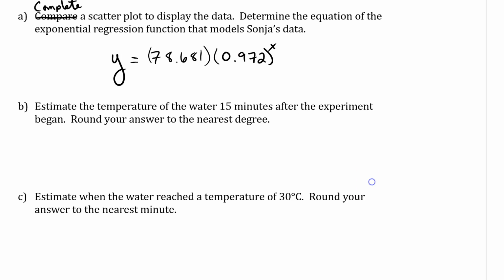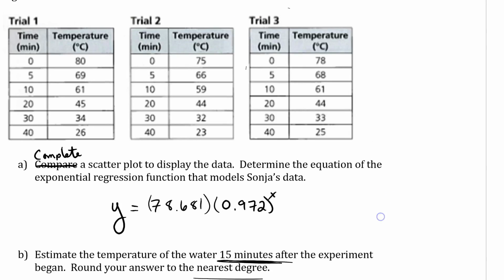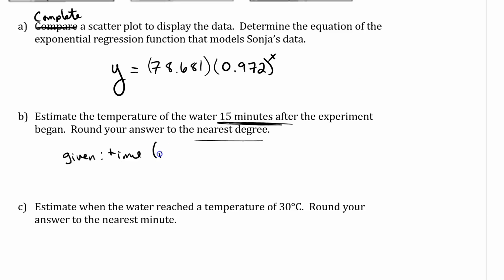So estimate the temperature of the water 15 minutes after the experiment began. So round to the nearest degree. So we're given time. And let's just look back. Time is our independent. So we are going to use the second trace value.